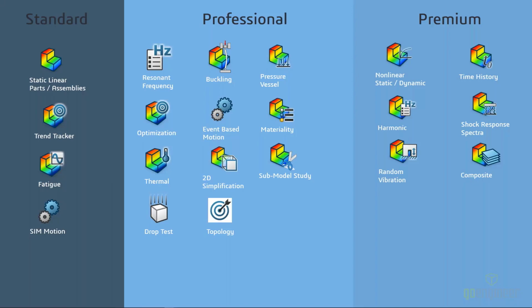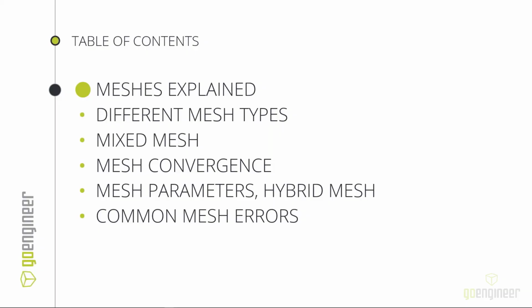Just to give you a feel, the mesh discussion we're going to be doing today is specific to SOLIDWORKS simulation, and this is across the board, whether you're utilizing SOLIDWORKS Simulation Standard, Professional, or Premium.